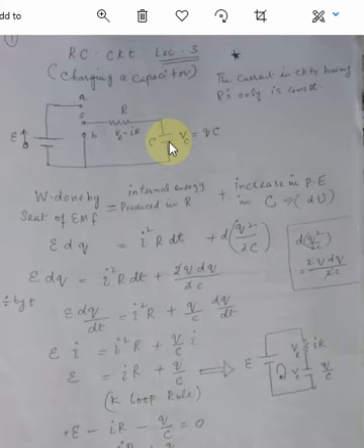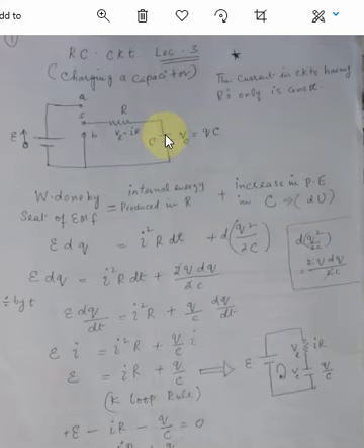So for the charging purpose, we connect this switch S to the point A. The current will start flowing in this direction, that is from the positive terminal through R. It will come to the upper plate, and the charging will get started.